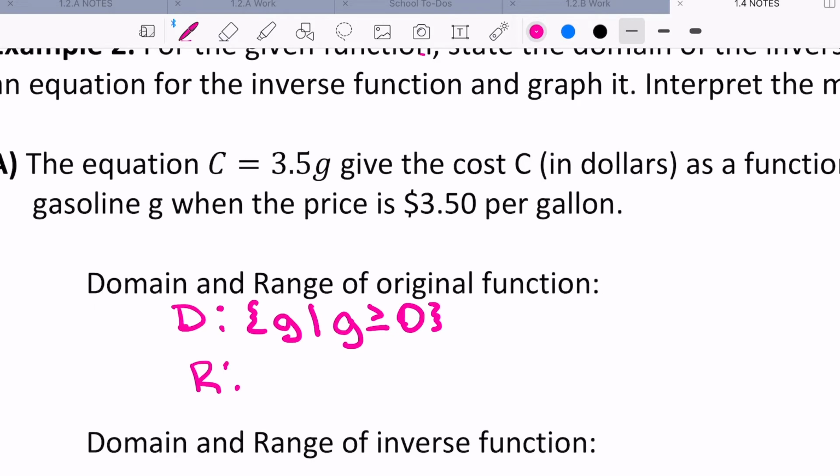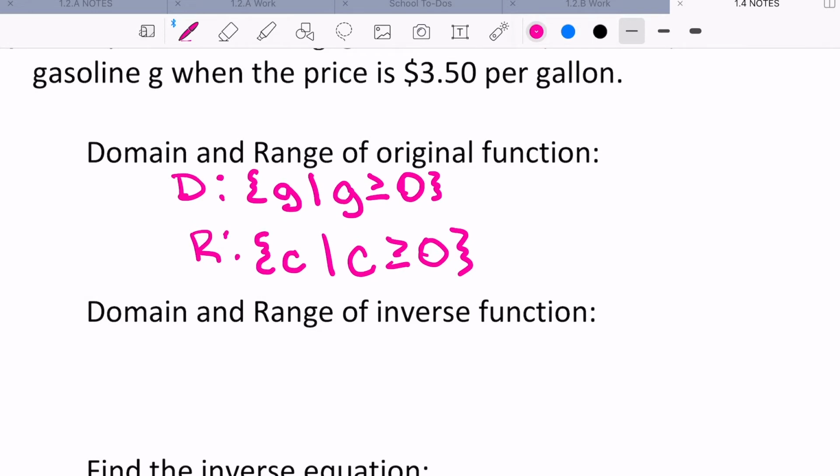For the range, for the cost, think about this. If we are starting at 0 gallons of gasoline, then the cost of 0 gallons of gasoline would also be 0. So cost would be greater than or equal to 0.